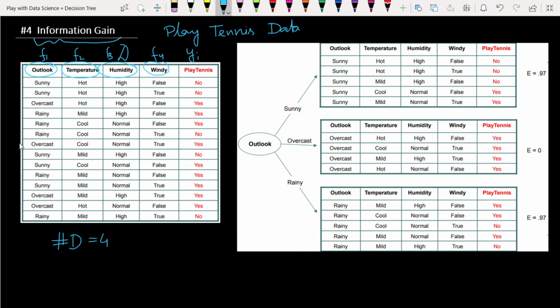So in total we have 14 points in this data set. The output is either yes or no. We call yes y plus and no y minus.